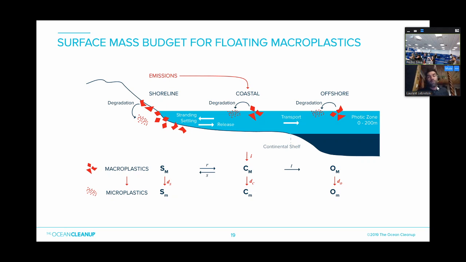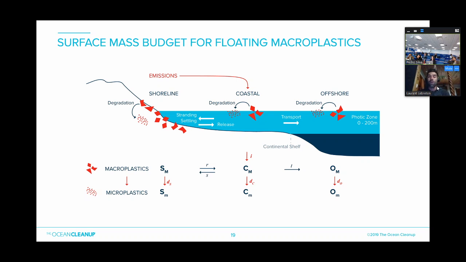In our model, we have emissions coming into the coastal environment, and then plastic floats at the surface. We're talking about floating plastic, macroplastic, right? So everything larger than 5 millimeters. Once that plastic enters the coastal environment, it can either strand on the shoreline, be transported offshore, or stay in the coastal environment.